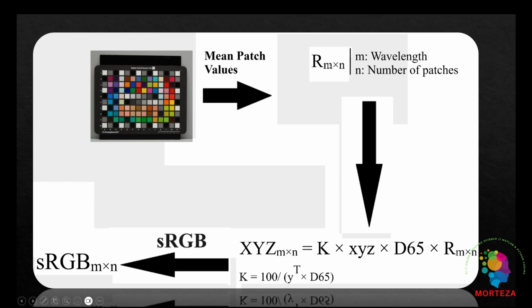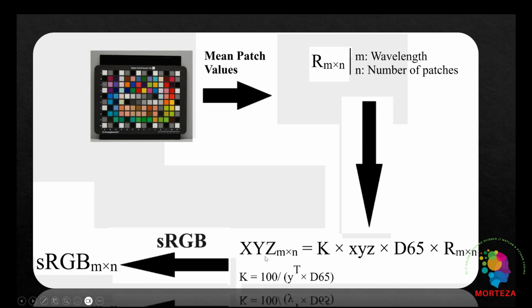M is the number of wavelengths and n is the number of patches. And then I convert that into XYZ using this formula. K is a normalizing factor, xyz-bar is the color matching function of the standard observer, D65 is the light source that I'm going to be using, and here it denotes the spectral power distribution of the standard illuminant, and R is the spectral reflectance as shown here.